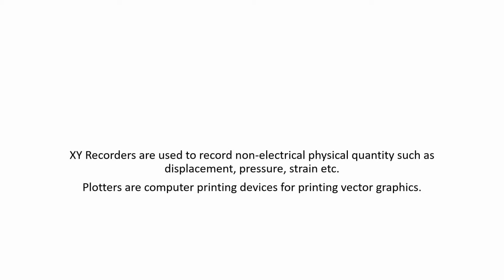To achieve this, the XY recorder is used, in which one variable is plotted with respect to variation of another variable. There are two types of XY recorders, namely analog XY recorders and digital XY recorders.